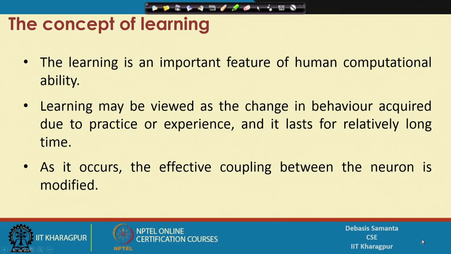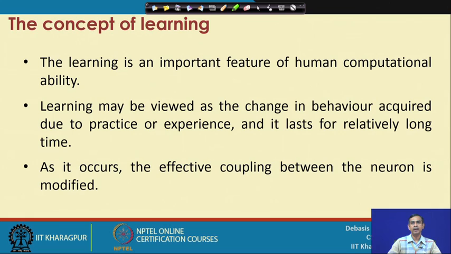The same thing is applicable in our neural network. Learning in a neural network means how the different values of each perceptron can be learned.